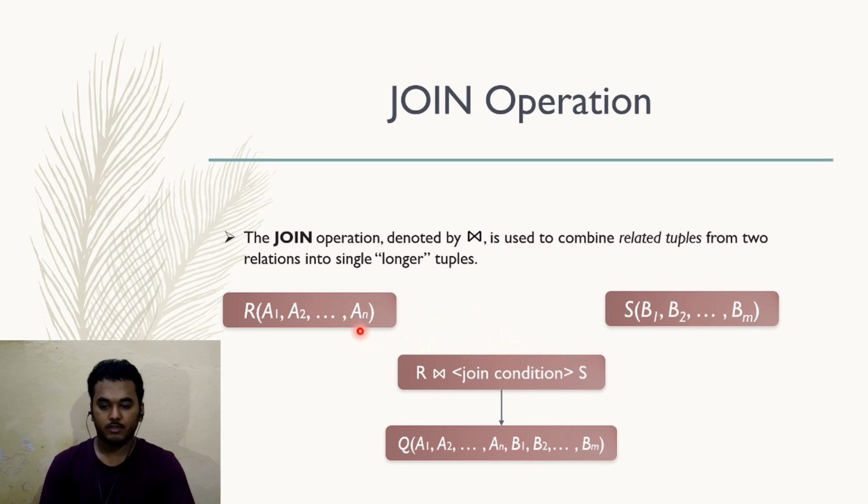Suppose we have R as one relation with n attributes, and another relation S with m attributes. So if we perform a join operation with a given join condition, we get a relation named Q with n plus m attributes, but only those tuples will be displayed in the final result which pass the join condition.